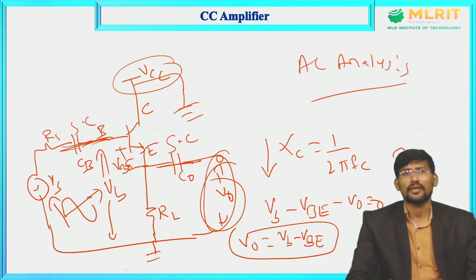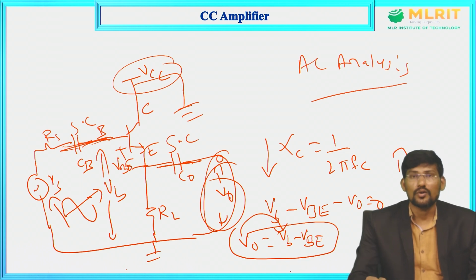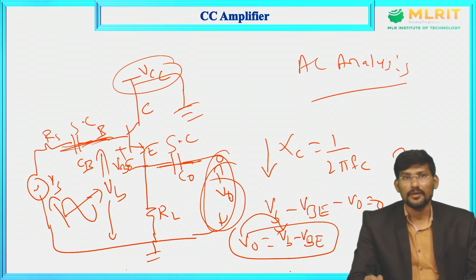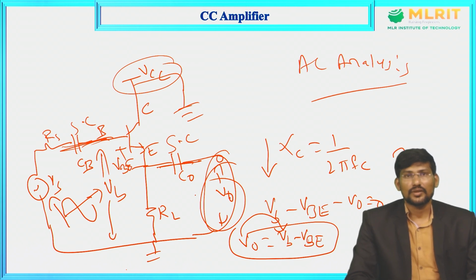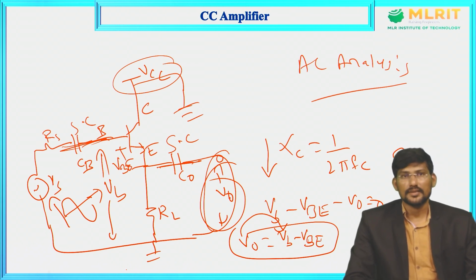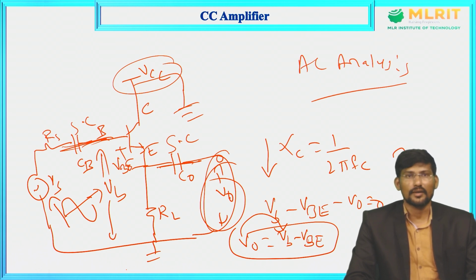If it is a silicon transistor, the cut-in voltage is around 0.7 volt, and if it is a germanium transistor, it is 0.3 volts. So the output always follows the input with a difference of VBE. That means the emitter voltage follows the input voltage. So the common collector amplifier is also called an emitter follower because it follows the input. The emitter voltage follows the input, and the voltage gain is approximately unity in the case of a common collector amplifier.